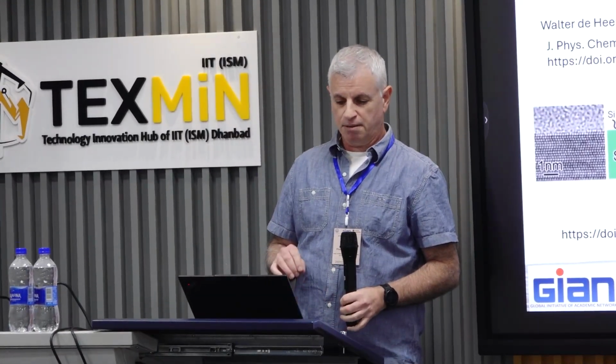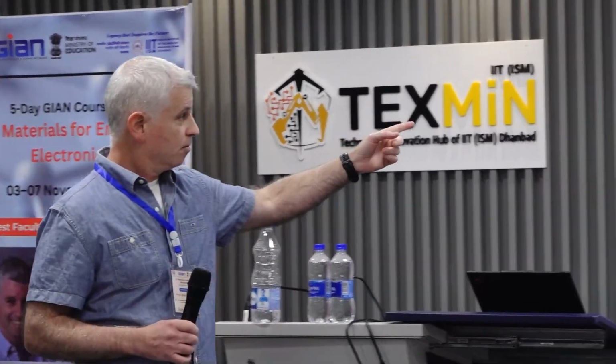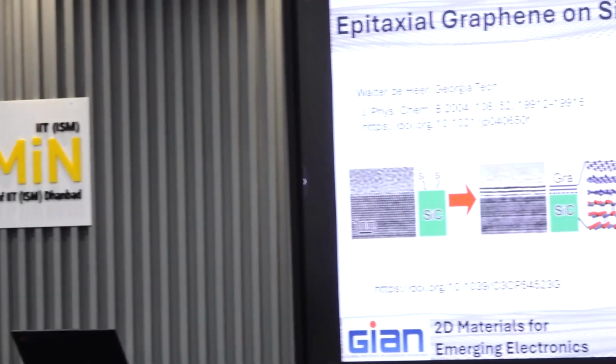And another few words about another method to grow wonderful graphene. The story about this method is that the first paper that they reported on this method, and reported also similar electrical measurements to what Novoselov and Geim did in 2004, was also published in 2004.